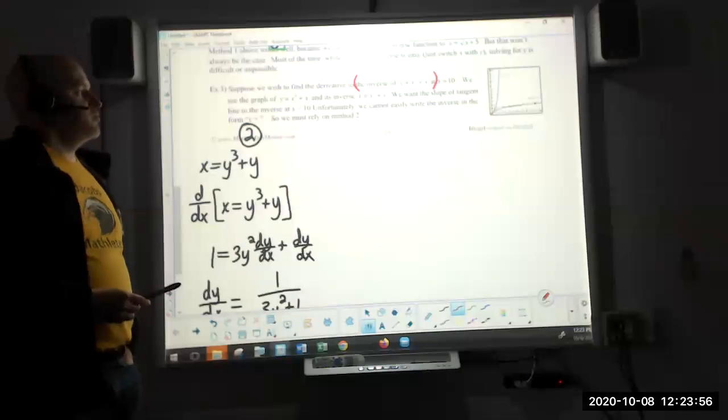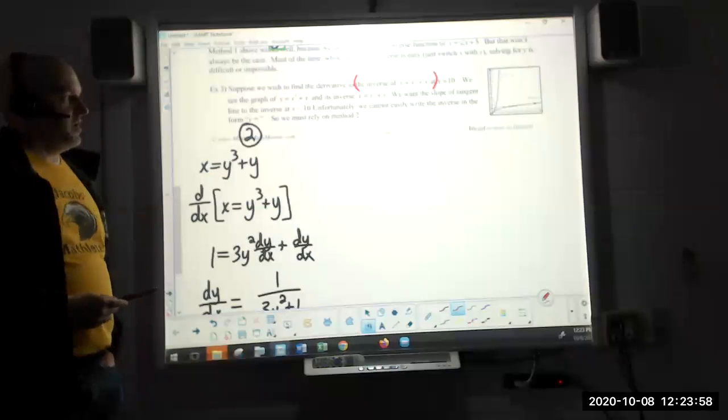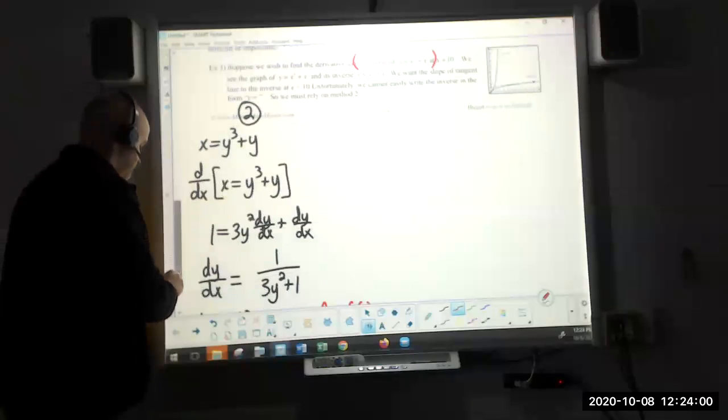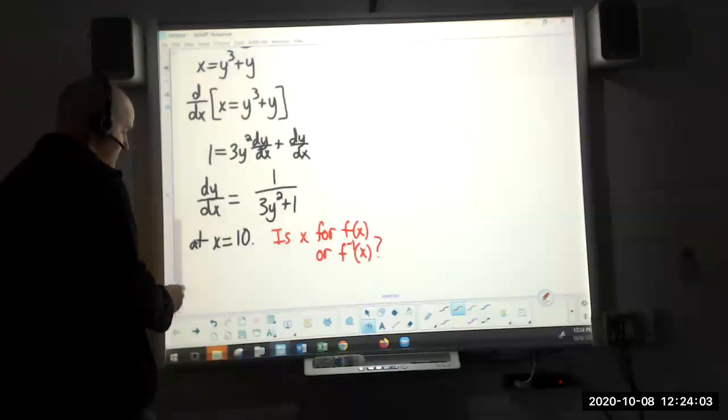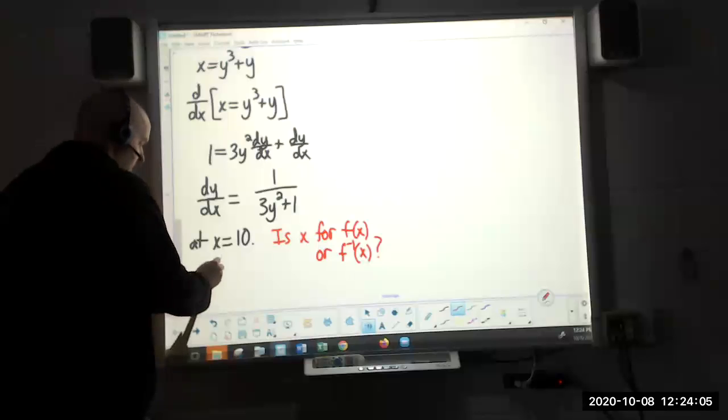So we wish to find the derivative at x equals 10. So what's it the derivative of? It's the derivative of f inverse.